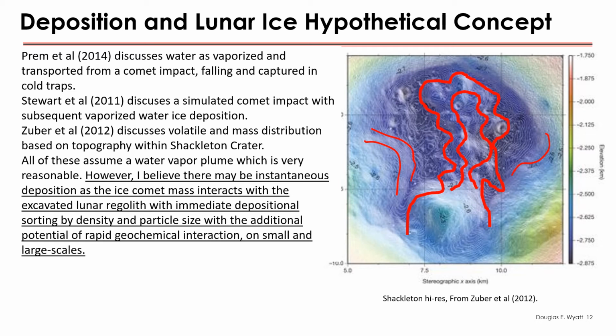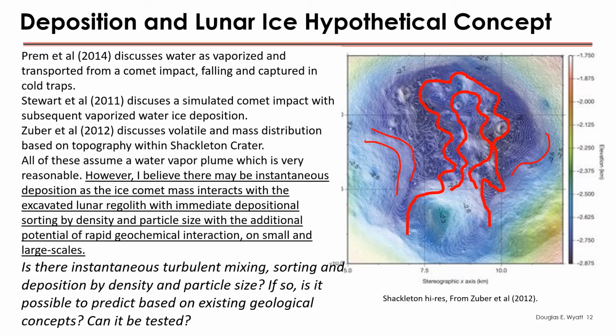Just for my mental research, I assumed 1% remained. And if that happens, I believe there may be an instantaneous deposition as the ice comet mass interacts with the excavated lunar regolith from the impact. And then you get immediate particle and density sorting and even some geochemical interaction on large and small scales.